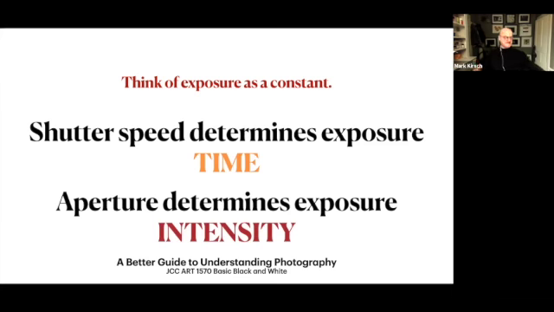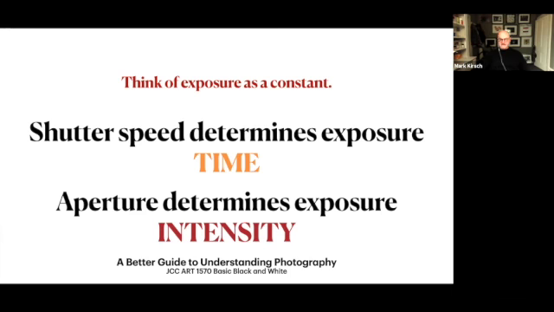Aperture determines the intensity. If you have a really small aperture, you have a really small intensity. You open that up, you're allowing a lot more light through at one time. Little bit of light comes through, a lot of light comes through every time you change that aperture. Shutter speed determines the length of time of the exposure.